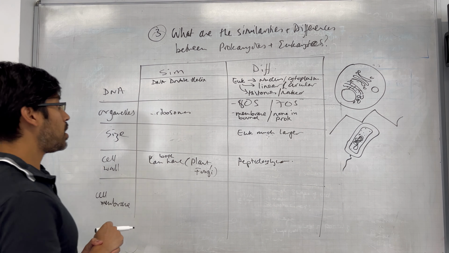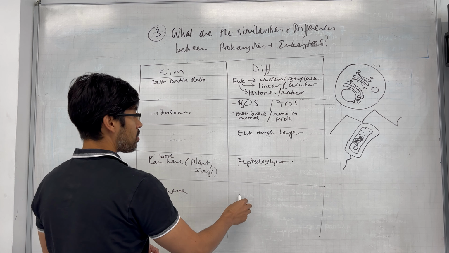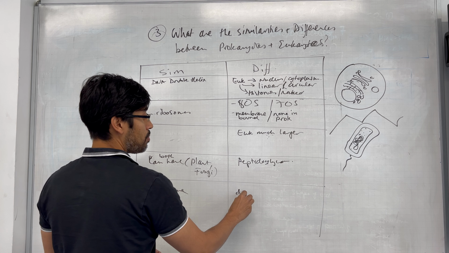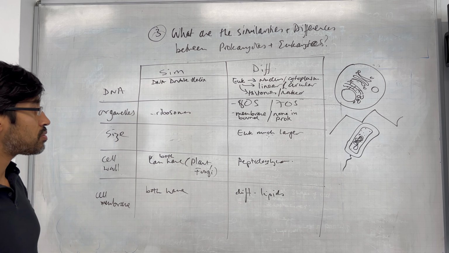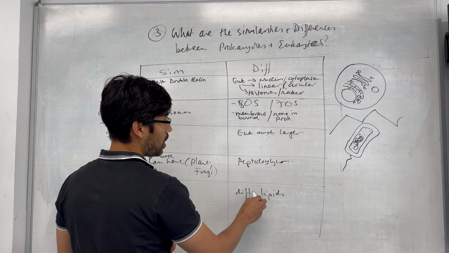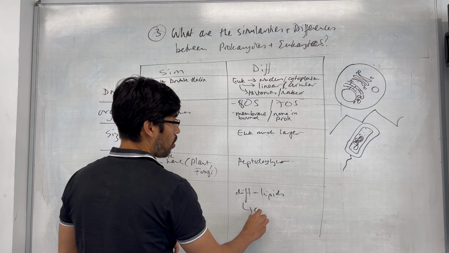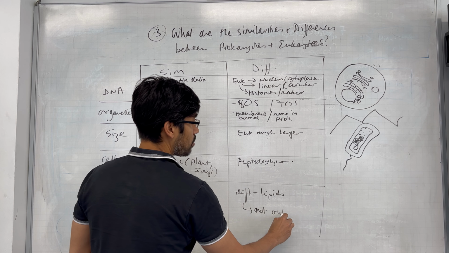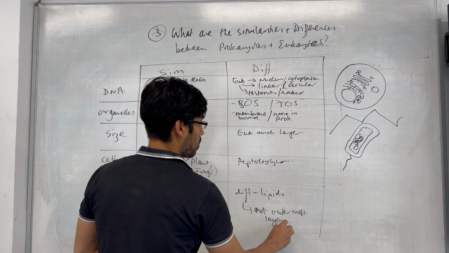Cell membrane, they both have it, so that's a similarity. I guess the difference could be that in a prokaryote, the cell membrane might have different kinds of lipids making up the membrane. And in a prokaryote, the membrane is not the outermost structure.